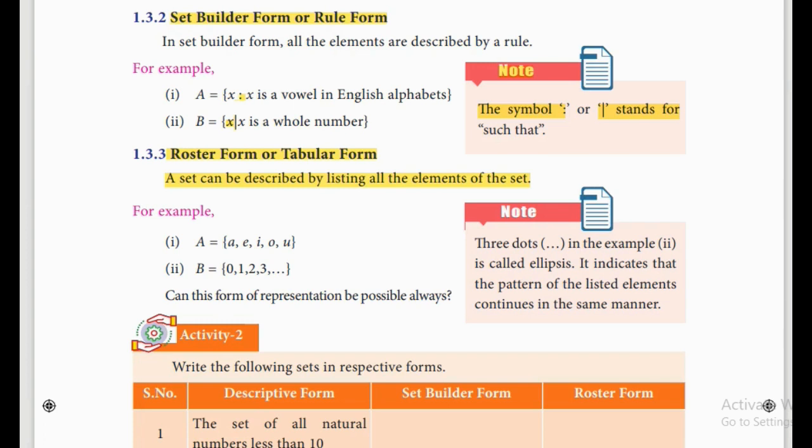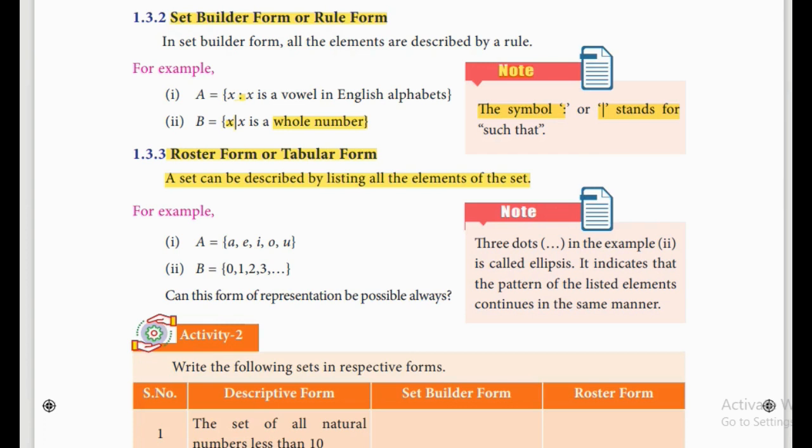Previously we told everything in words, but here we give the elements. Same thing, B equal to 0, 1, 2, 3, etc. That means whole numbers. Here we give importance to the elements 0, 1, 2, 3, etc.